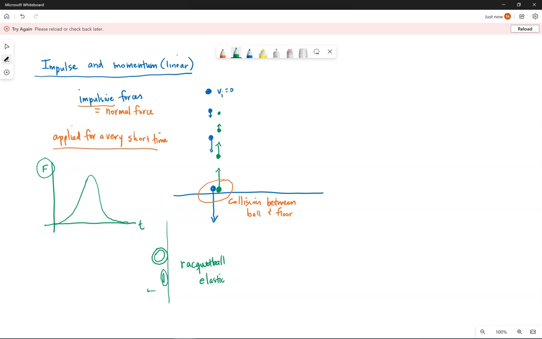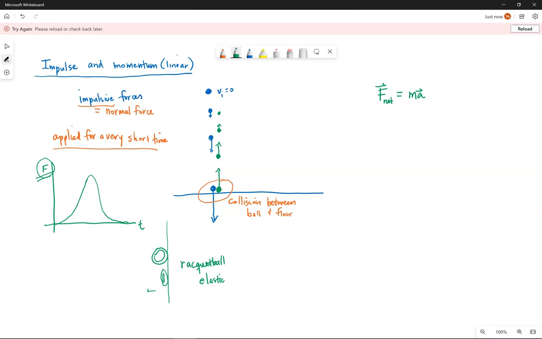but in either case, there's some sort of impulsive force acting over some period of time that is causing this change in motion. So if we remember back, Newton's second law tells us that the net force on an object, or system really, is the mass of that object or system times its acceleration.